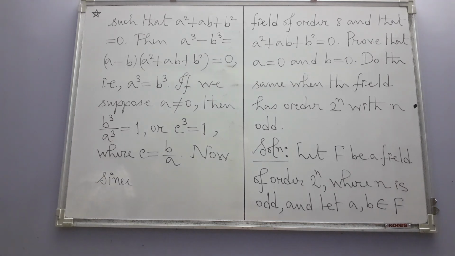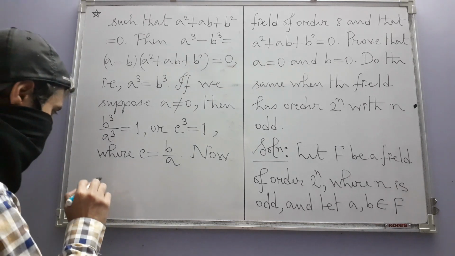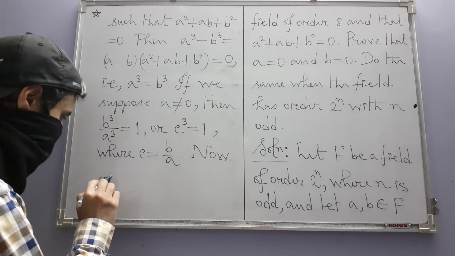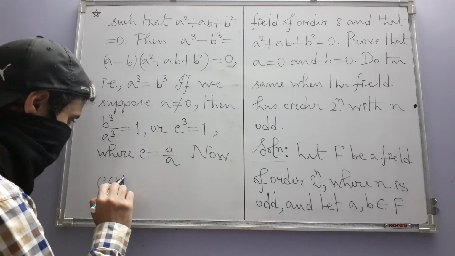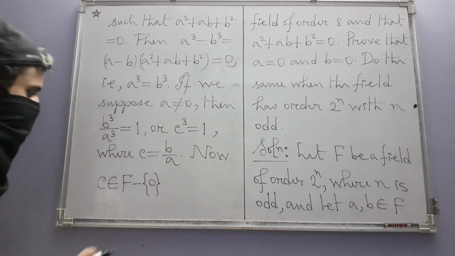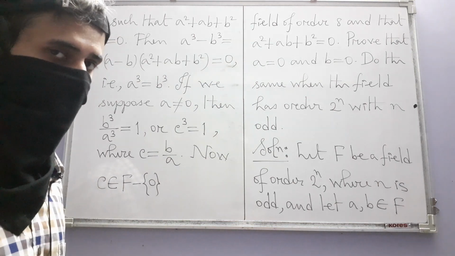Since c is not equal to 0, c belongs to this subset, which we already know is a group under multiplication.